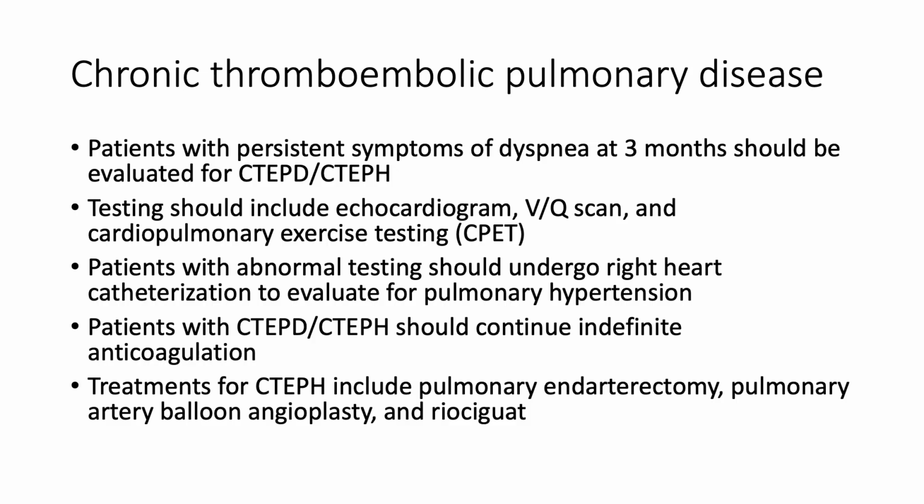And patients who have abnormal testing should undergo right heart catheterization so they can evaluate for pulmonary hypertension. Patients who do have this condition should receive indefinite anticoagulation. And if they have advanced disease, then they'll be considered for pulmonary endarterectomy, which is a very morbid surgery, pulmonary artery balloon angioplasty, or a medication called riociguat.